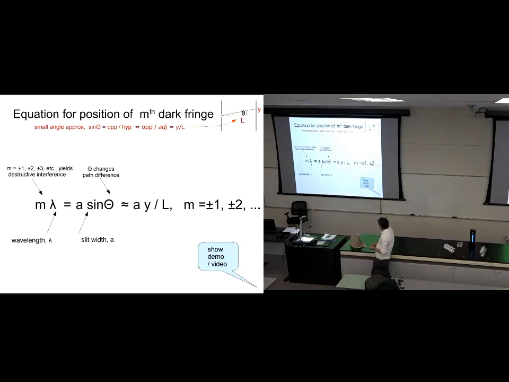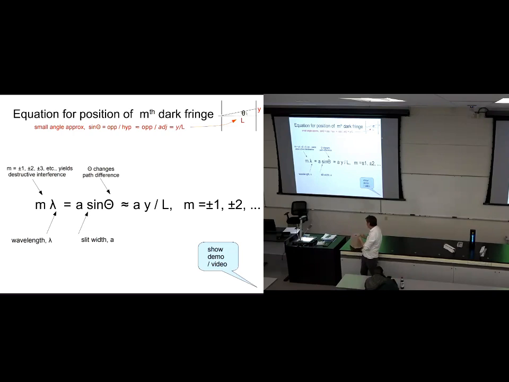So summarizing all that, this is just a summary slide now. This is the master equation that describes the location of the dark fringes, the destructive interference that occurs for a single slit. These dark fringes appear away from the bright spot in the center, and they appear at angles theta or positions y that are given by this equation here, where lambda in this equation is the wavelength of the waves that are impinging on the aperture of the slit.